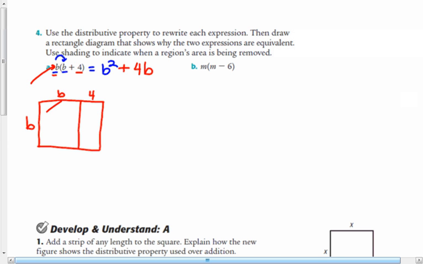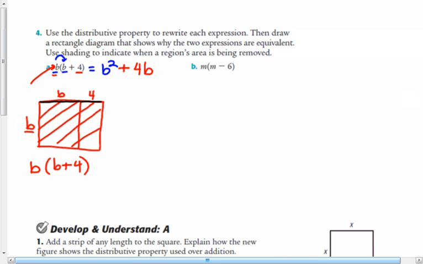If I look at what is the whole area of this entire figure, I need to multiply length times width. My width is B, and my length is 4 more than B. So that's B plus 4. And that's this top dimension here. There's B, and then plus 4 more right there.